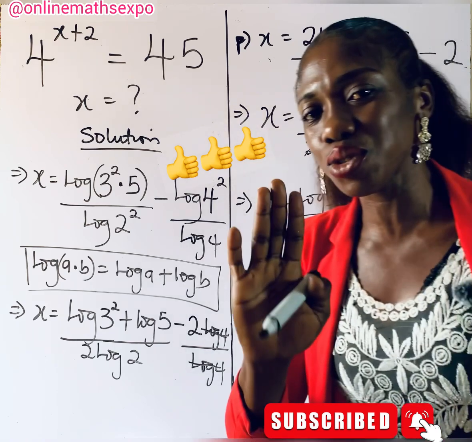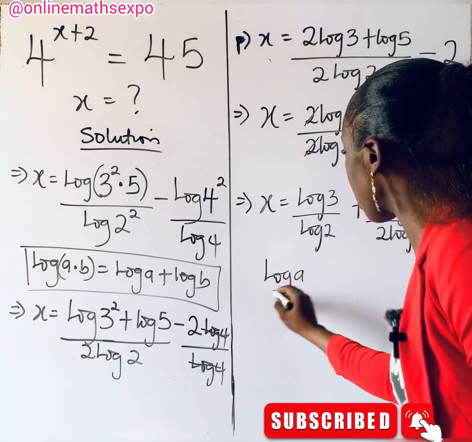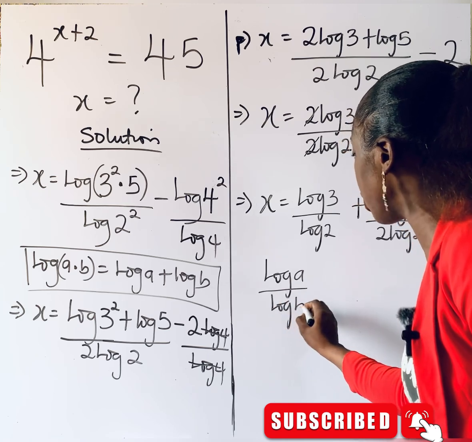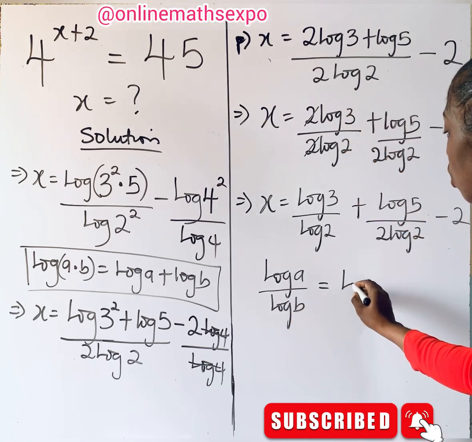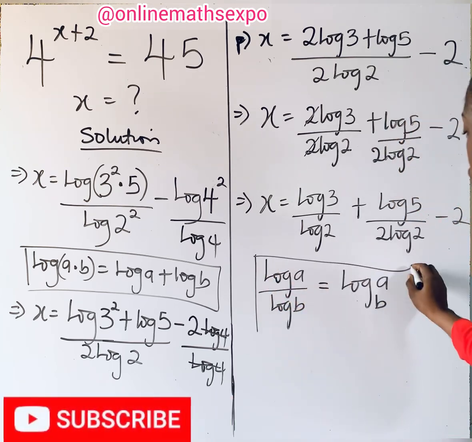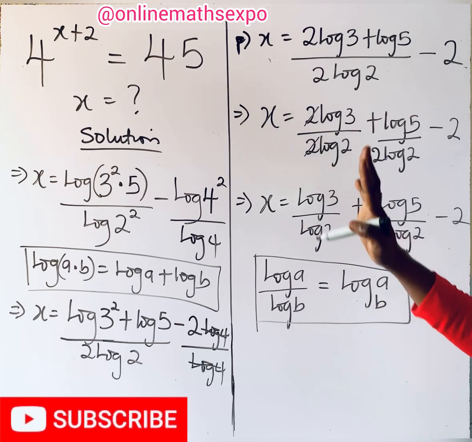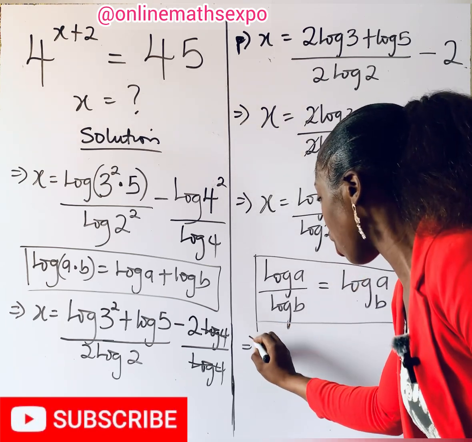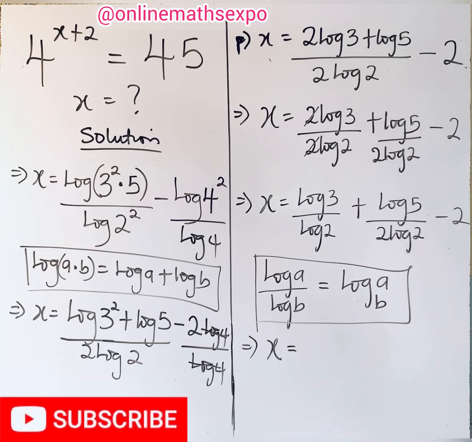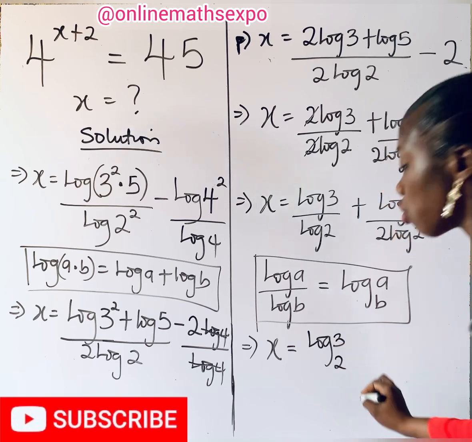Now, there is this rule of logarithm that says for every log of A divided by log of B, it is the same as log of A base B. We call it the change of base rule. So let's apply this rule here. To simplify it finally, we are going to have x is equal to log of 3 base 2.